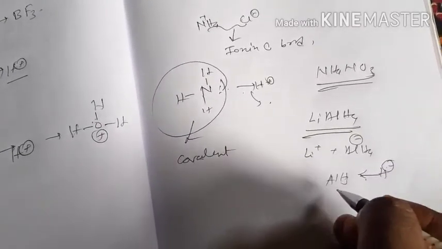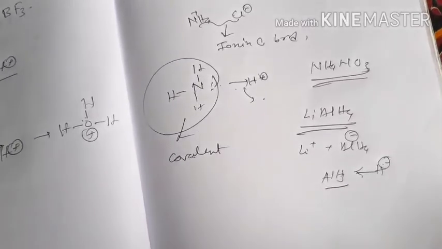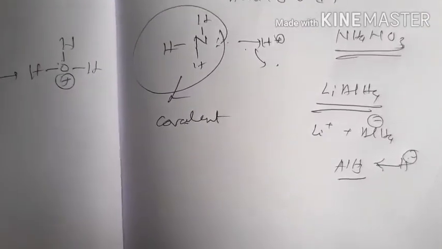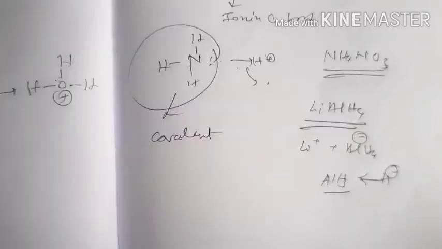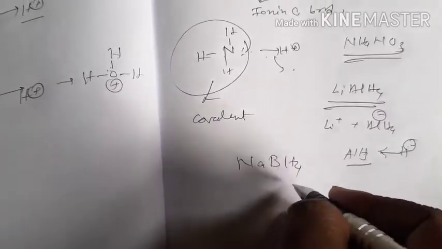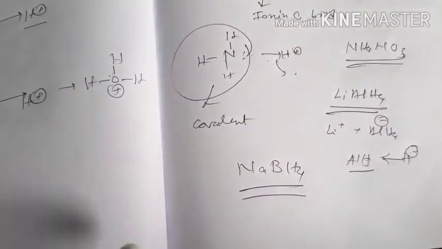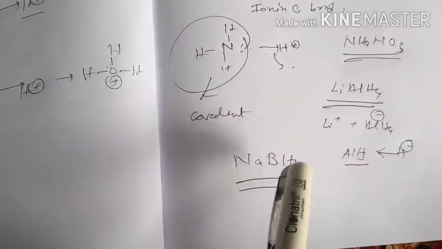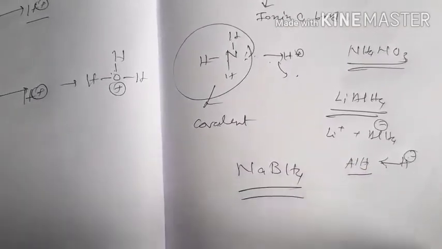There is a coordinate bond, and AlH3 itself has covalent bonds. Now see another compound having all three types of bond, NaBH4, sodium borohydride. So these are examples of compounds having all three types of bonds: ionic as well as covalent and coordinate covalent.